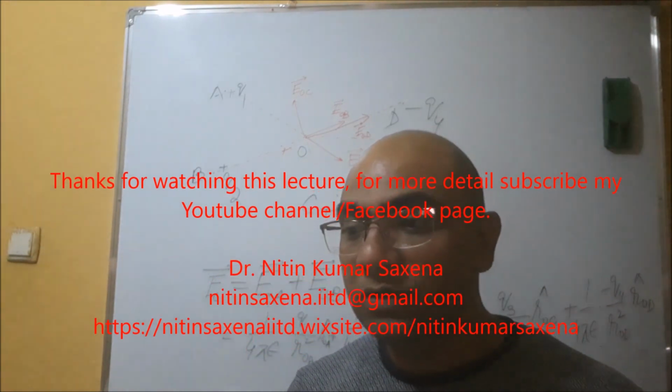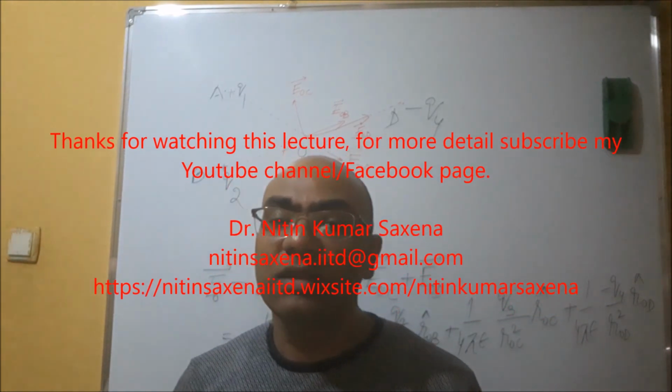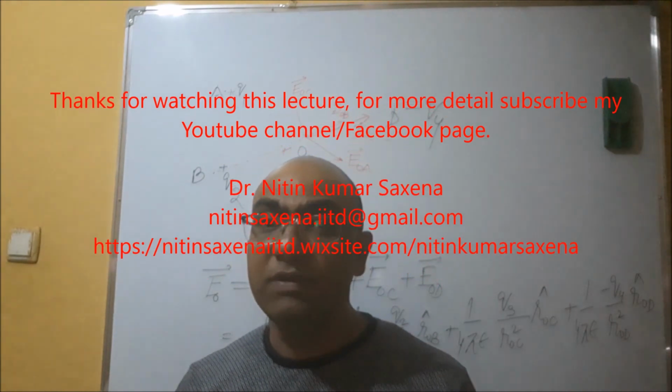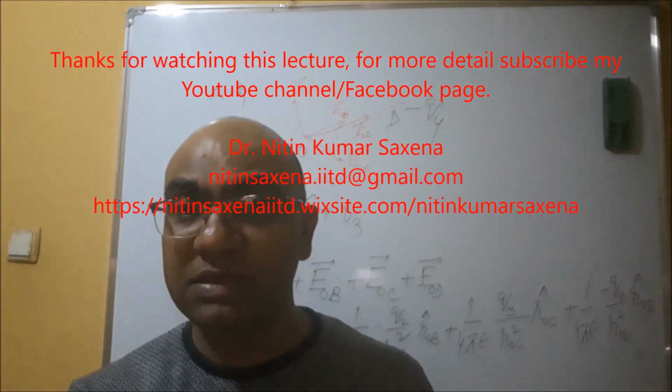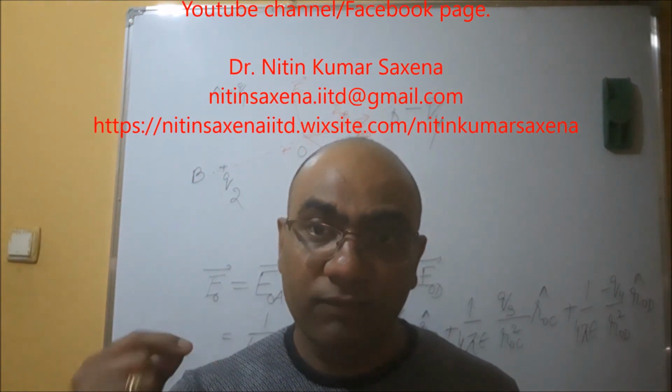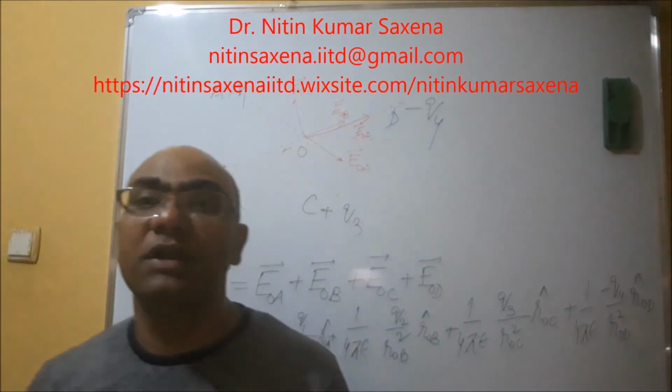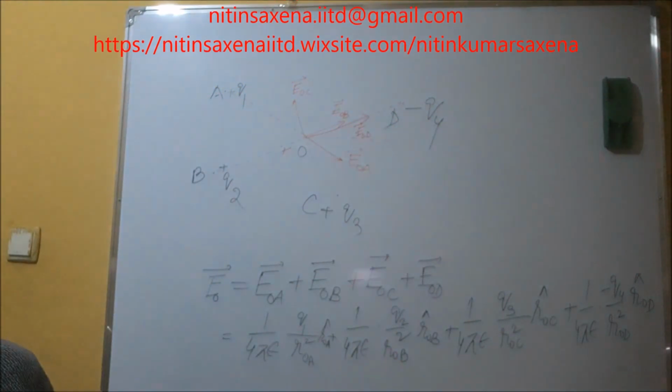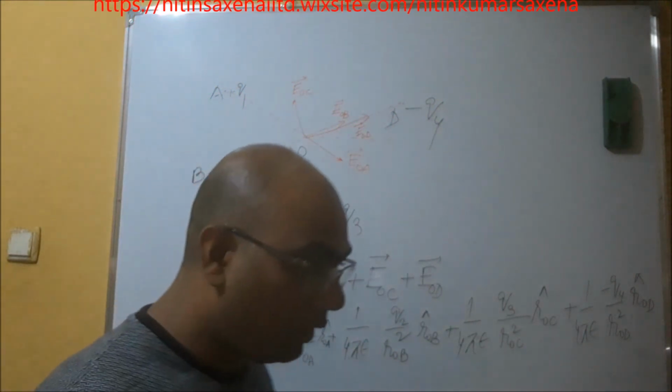Is it clear? So this is how we can find the value of the electric field intensity at a particular point if we have a number of charges placed in this space. Is it clear?